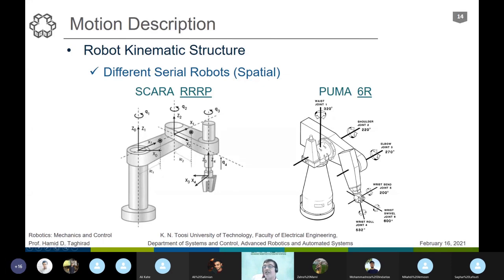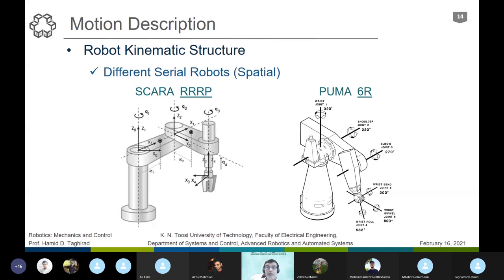Here we have 6 degrees of freedom in terms of actuation and 6 degrees of freedom in terms of the end effector. It can move to any point, and it can have any orientation we want. We call it a general 6 degree of freedom manipulator that can be used in many applications. These kinds of robots are used quite widely in industry.